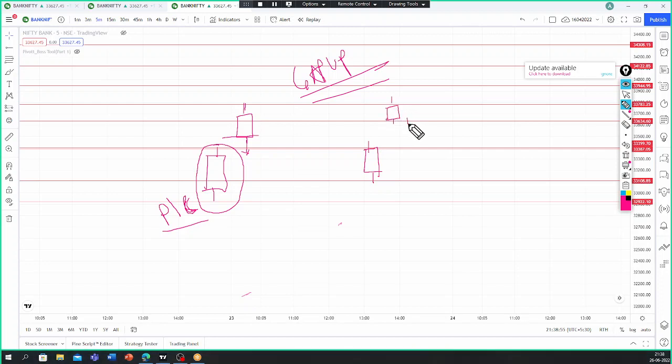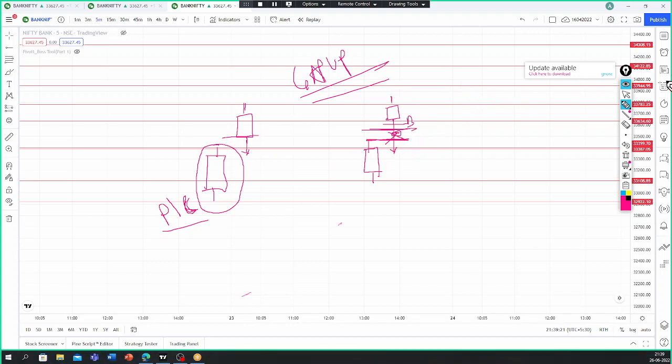You see Bank Nifty is opening here, and this is the gap. Now in the first candle, or first 5 minute candle, whichever time frame you're using, if even a wick comes here, this gap is no more valid, so don't treat it as a gap up. But if this gap is maintained, then there is a gap up.